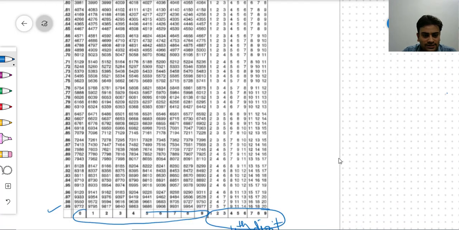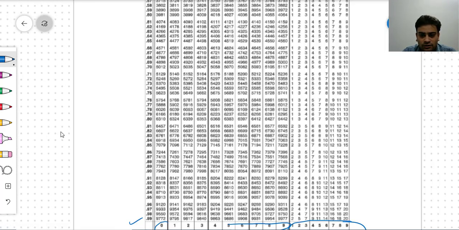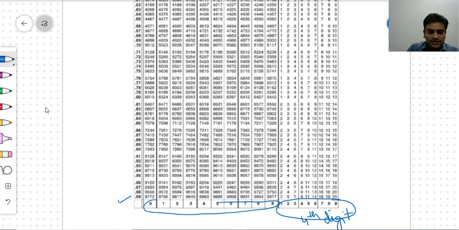Let me highlight the row for 0.86. Then the third digit is 5. The corresponding value is 7328.